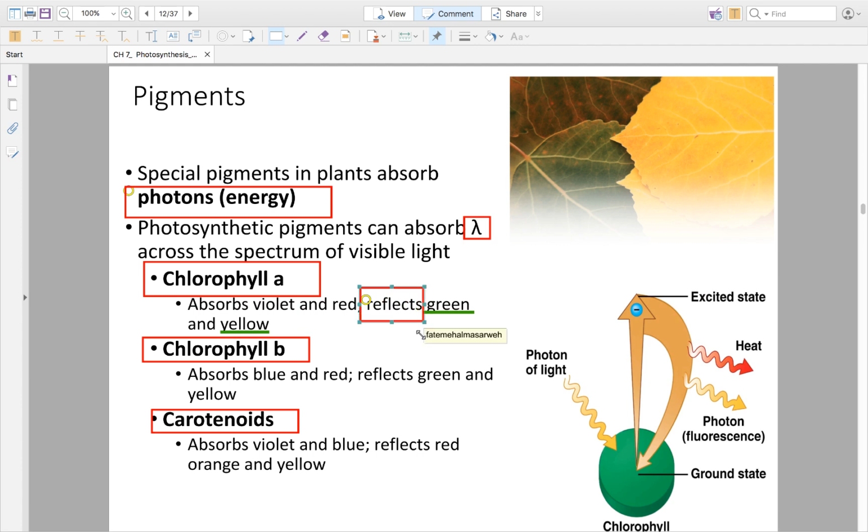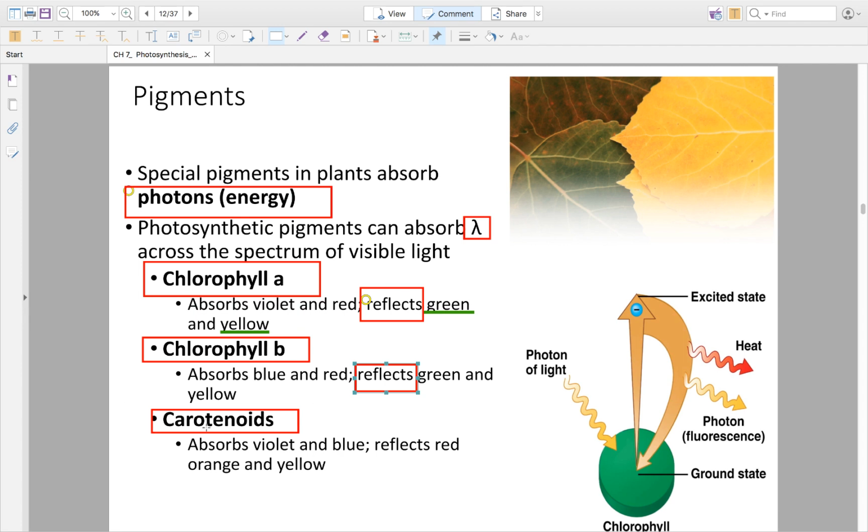Because chlorophyll A reflects green, that's why plants are green. Now chlorophyll B is capable of absorbing blue and red. It's a little different, but it also reflects green and yellow, making plants green.